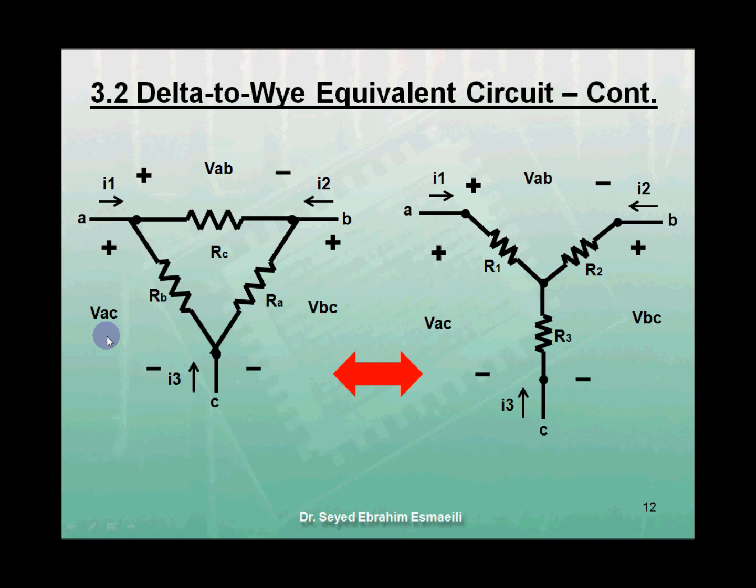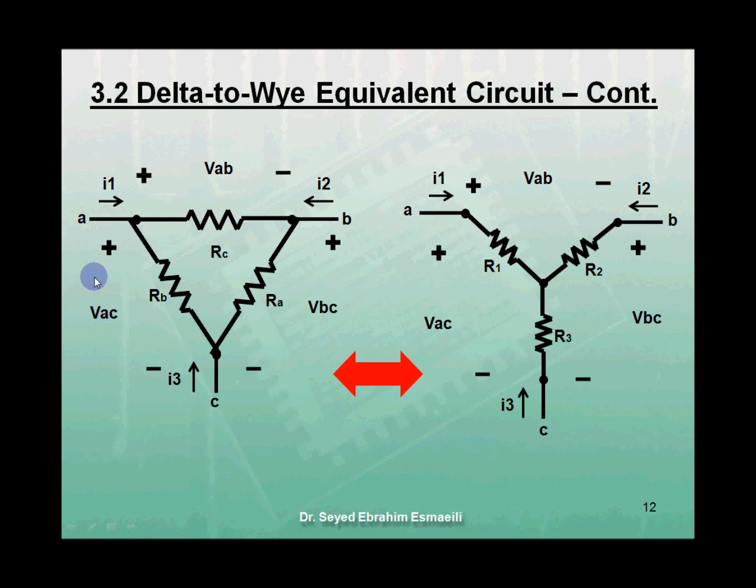It is very important to understand that transforming between delta to Y or Y to delta configurations does not affect the voltages between nodes A, B, and C, or the current flowing in these nodes.